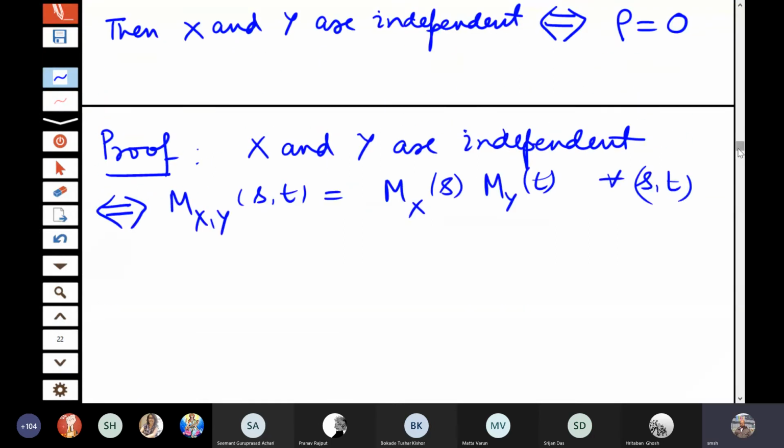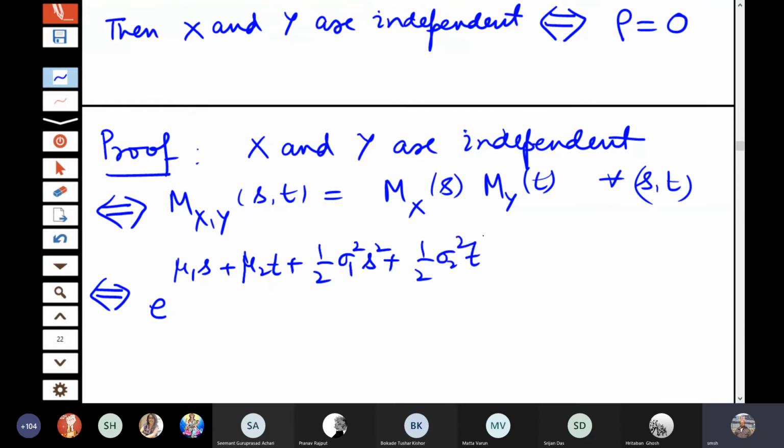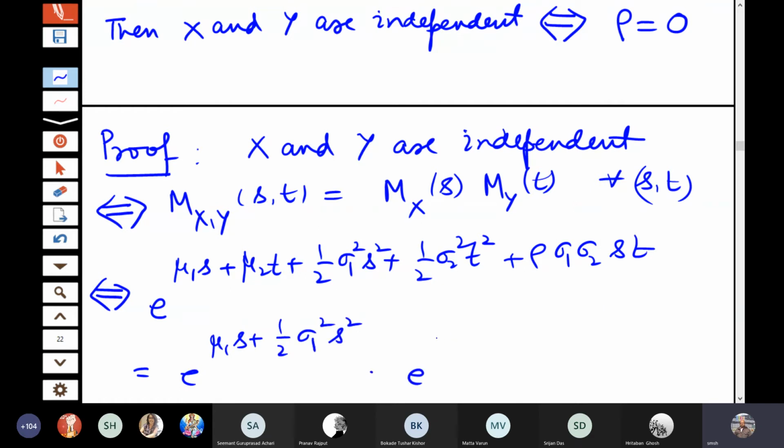So this condition is equivalent to e to the power mu1s plus mu2t plus half sigma 1 square s square plus half sigma 2 square t square plus rho sigma 1 sigma 2 st, that is equal to e to the power mu1 s plus half sigma 1 square s square into e to the power mu2 t plus half sigma 2 square t square.